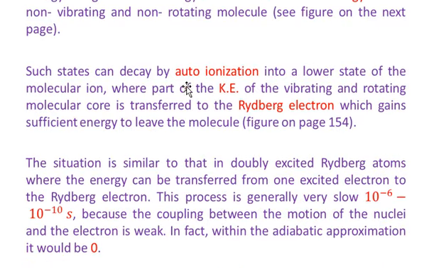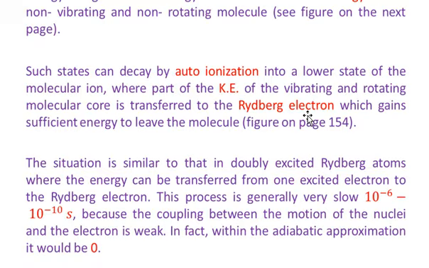Such states can decay by autoionization into a lower state of the molecular ion, where part of the kinetic energy of the vibrating and rotating molecule core is transferred to the Rydberg electron.